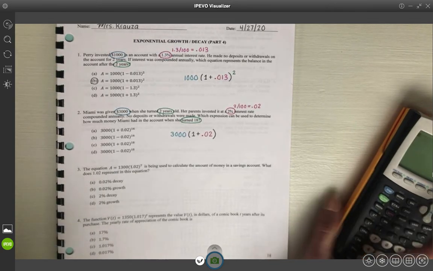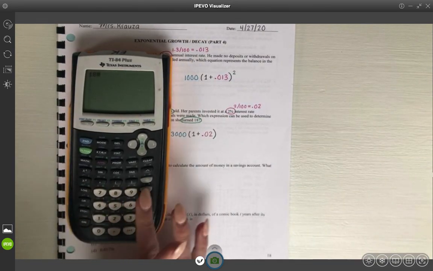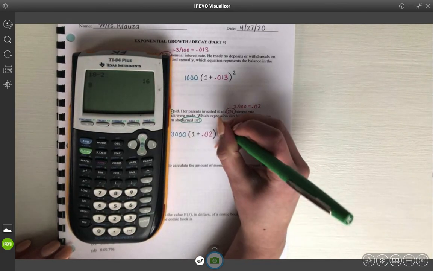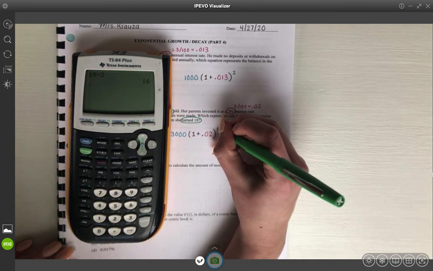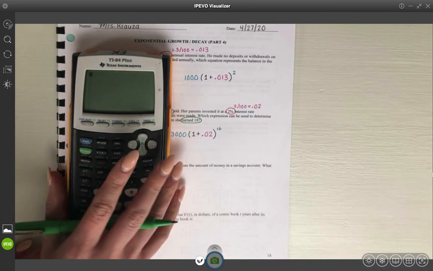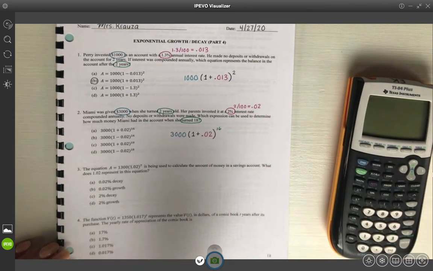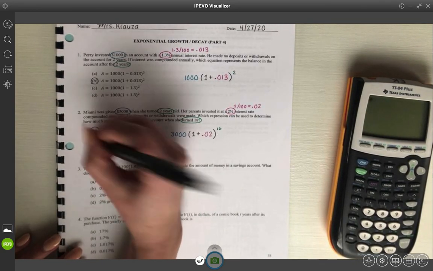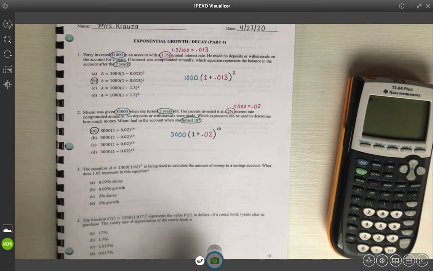Well, 18 minus 2 is a difference of 16 years. That's how much time we're talking about in this problem. From age 2 to age 18 is a matter of 16 years. So, looking at choice A, B, C, or D, we can see that the answer is choice A. That's a tricky one.